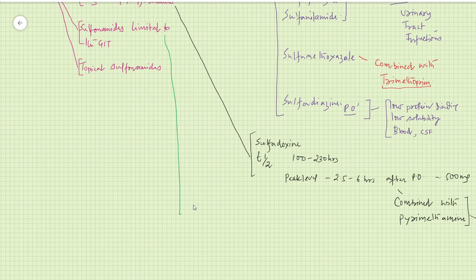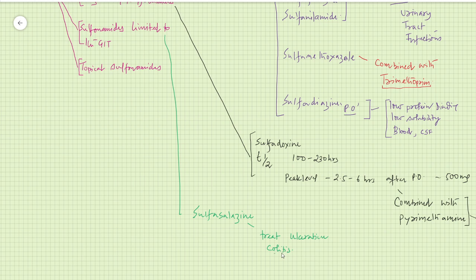Okay? So the drug here that's important for us to remember is sulfasalazine. Okay? So this drug is used to treat ulcerative colitis.